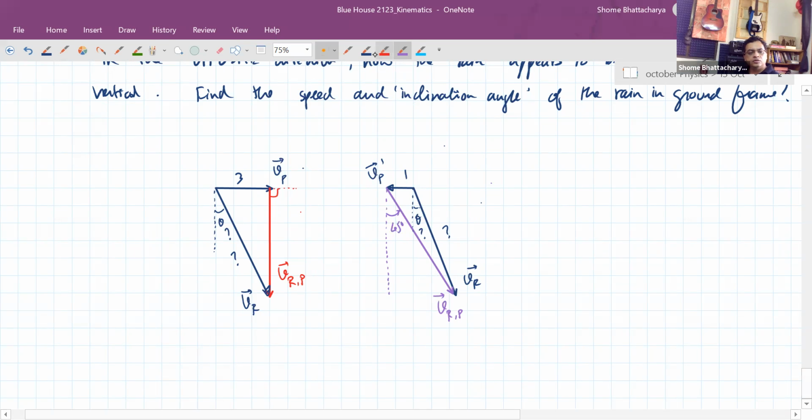So you have to use these two vector diagrams to find the magnitude of the velocity of the rain with respect to ground and find that angle theta. So use the vector diagrams that I've given you here to try and solve this yourself. From this point, it should be quite easy. Just analyze the two diagrams and see how you can relate them.